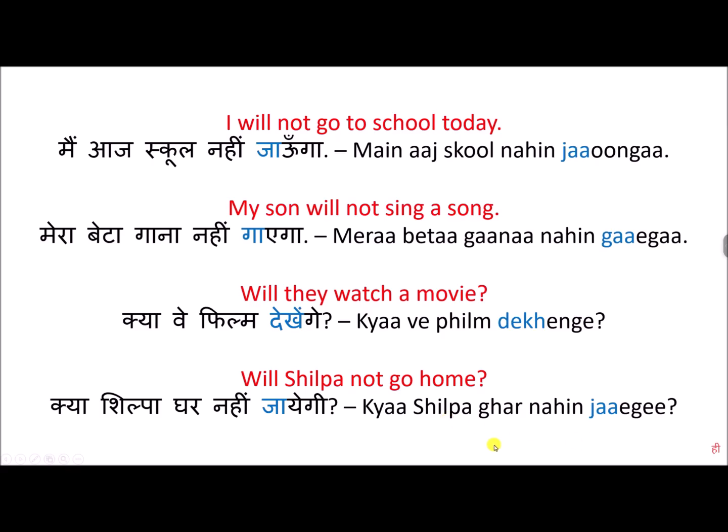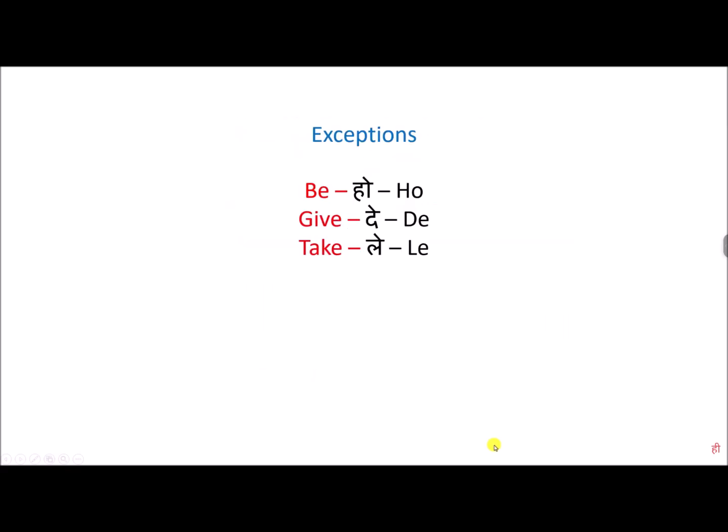All right. Now let us talk about exceptions. These three verbs change in a different way in simple future tense. Be is ho. Give is de.